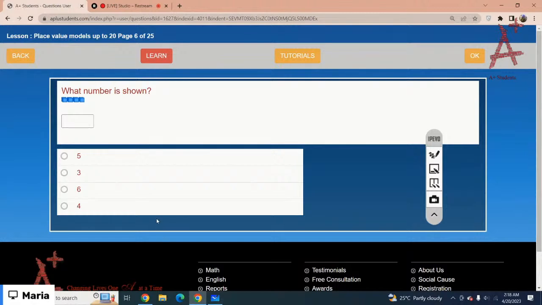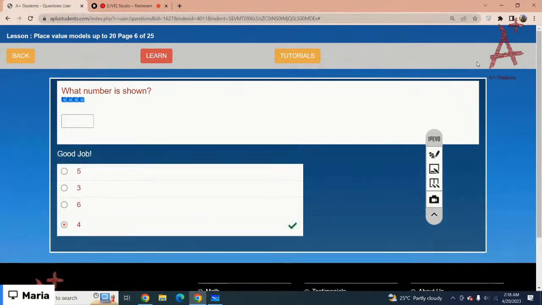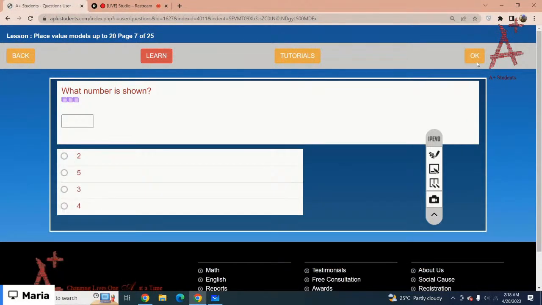Got it? What number is shown? Which is the correct option? It would be 3. The correct option is 3.